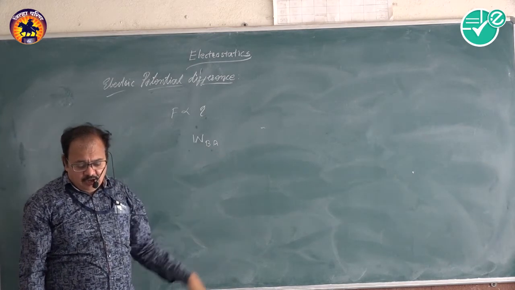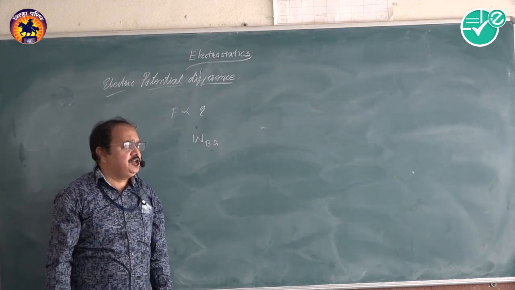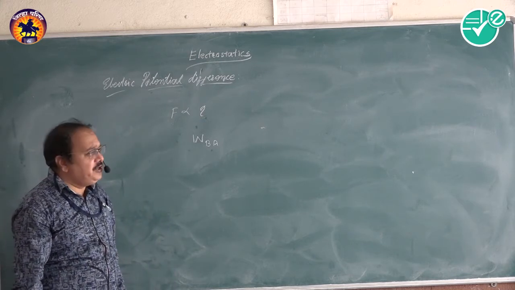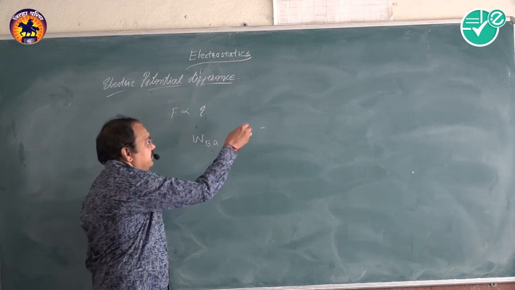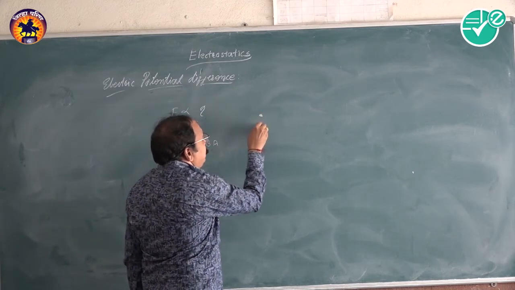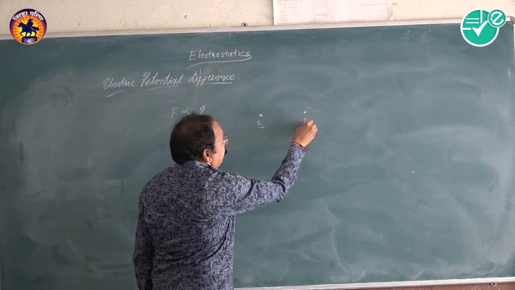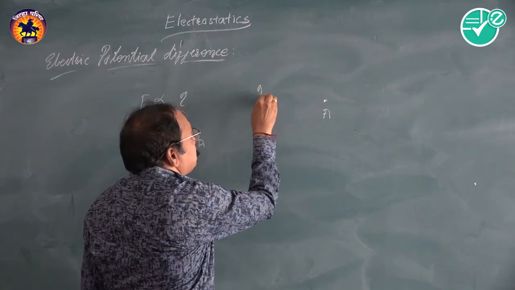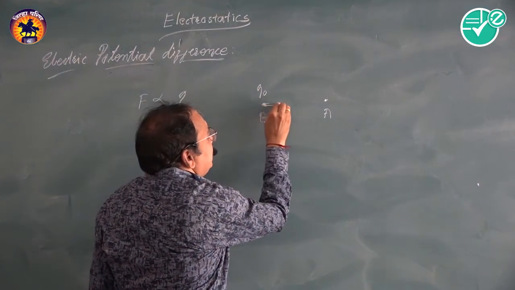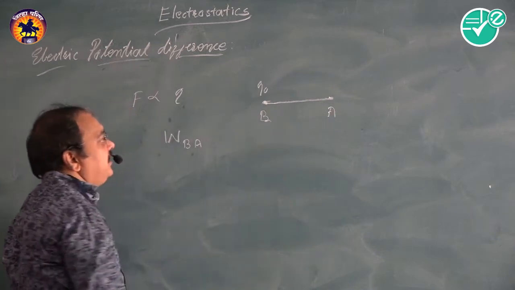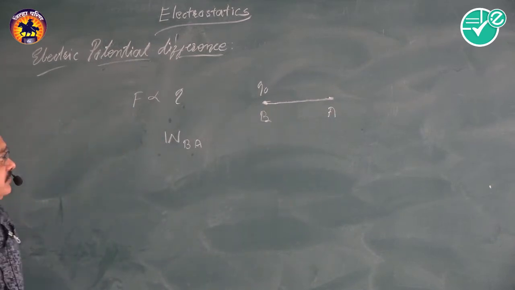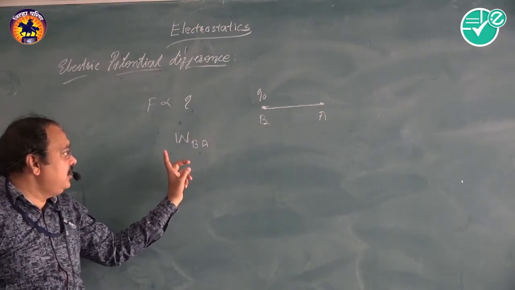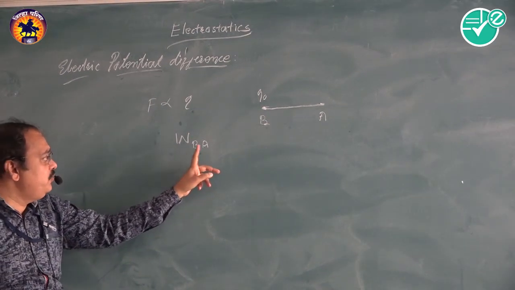Since positive work is done to move the charge from B to A, here we have point B and here point A. The charge Q naught is moving from point B to point A, and for that movement the work done can be written as W_BA.